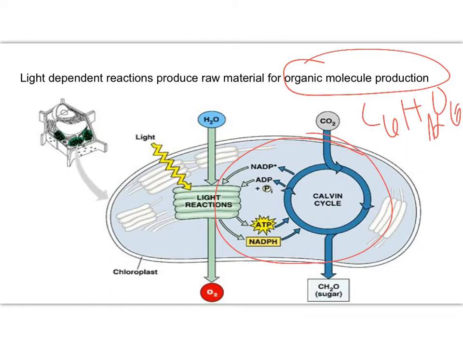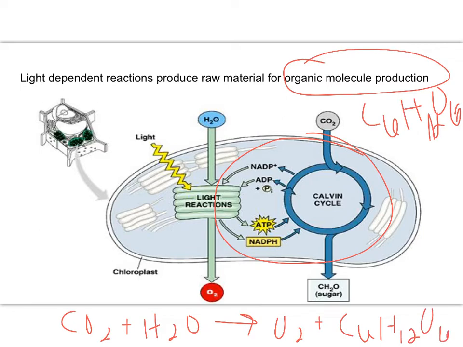And if you think to your summary of photosynthesis, right, the fact that it's carbon dioxide plus water is giving me oxygen and glucose, you'll notice ATP and NADPH are never mentioned. That's because they are recycled back and forth between the light reactions and the Calvin cycle. So I don't need an extra input of them, nor do they come all the way out of my reaction.